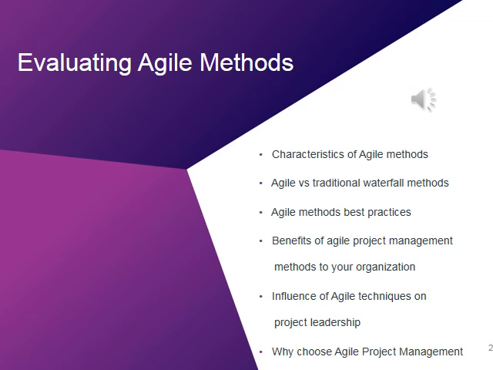Next, we'll be talking about some best practices within the Agile method. Also, benefits of the Agile project management method to our organization specifically, and also influence of Agile techniques on project leadership, and last, why again we should migrate over to a more Agile approach to our project management as opposed to a traditional means.